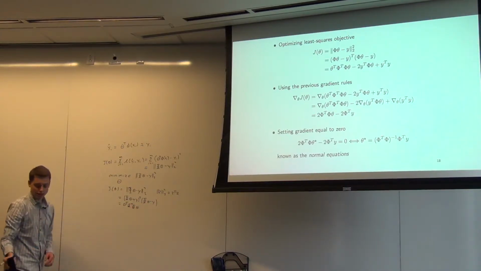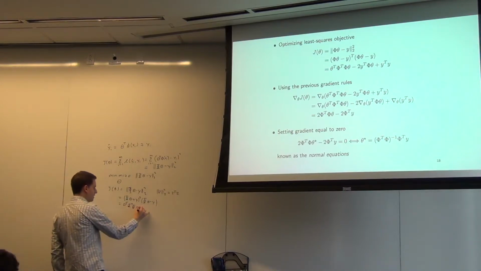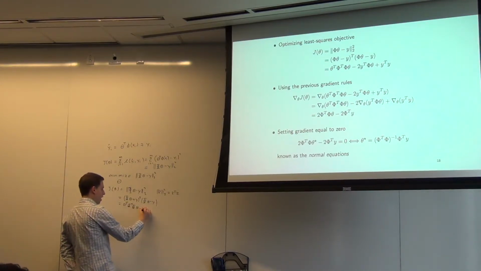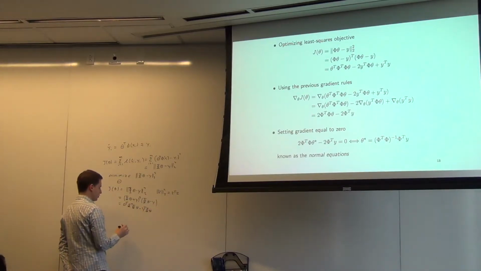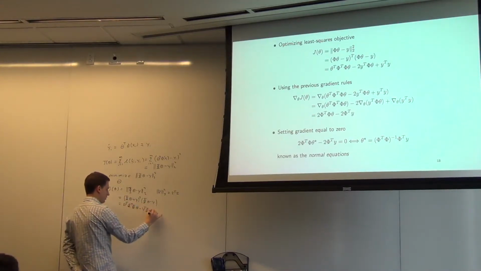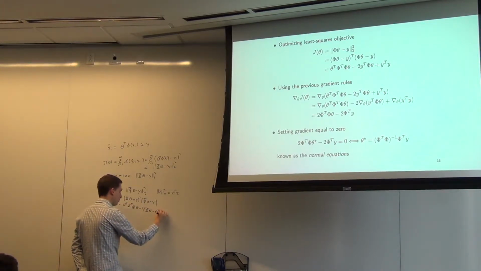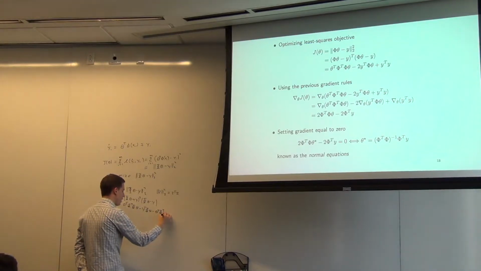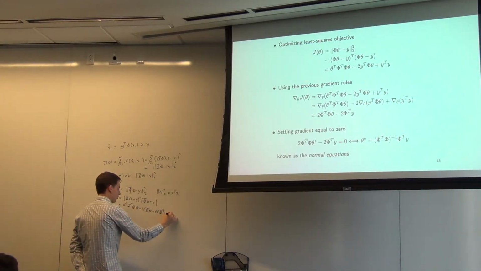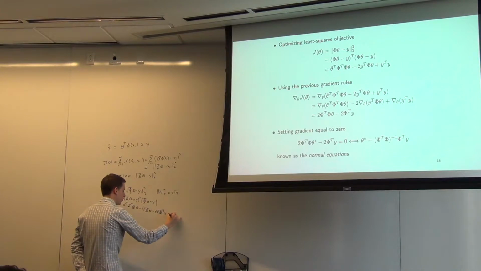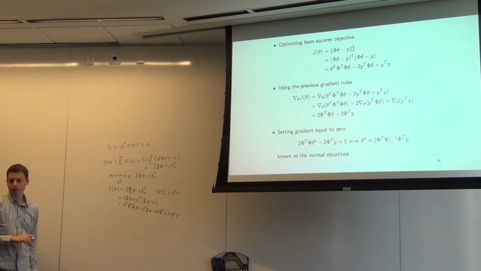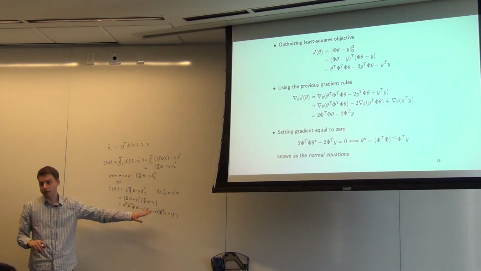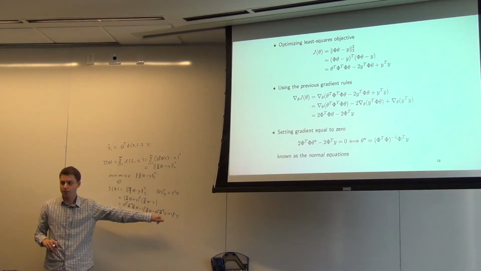Minus, well, let's take this one here: y transpose phi theta. Now let's look for this one times that one. That's another theta transpose phi transpose y, plus, because we have two negatives here, y transpose y. Okay, so I've just distributed this product out into each of its four different parts.